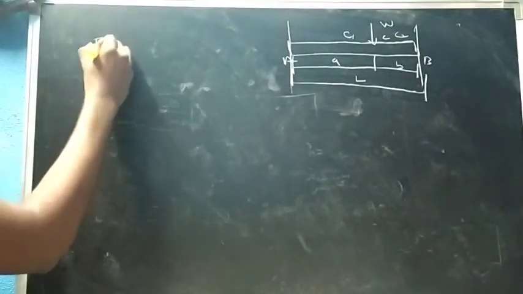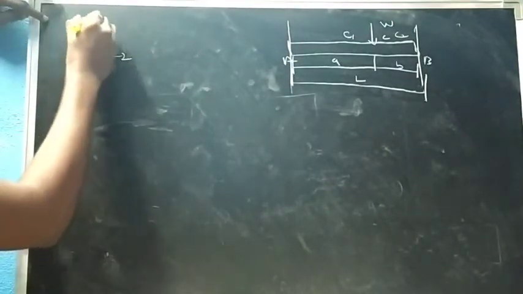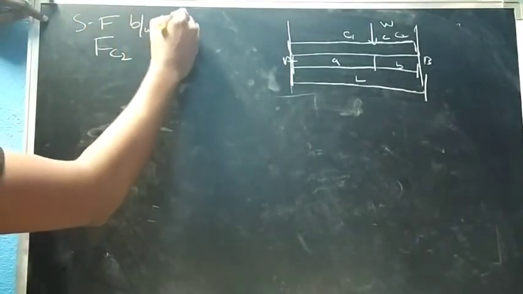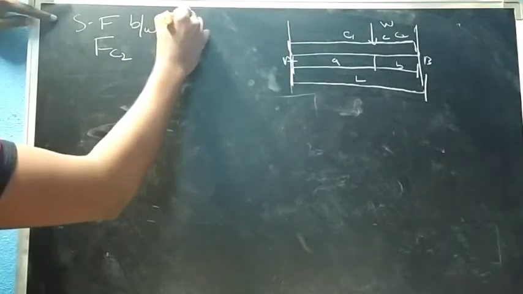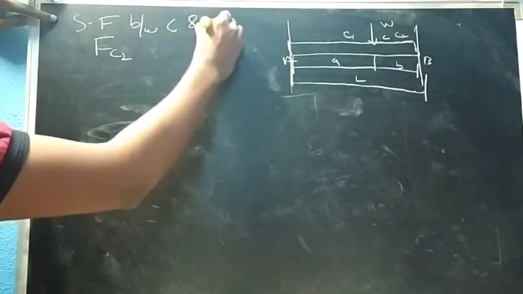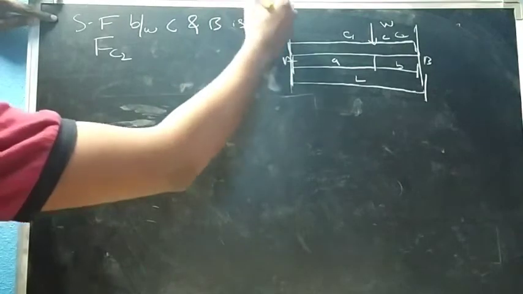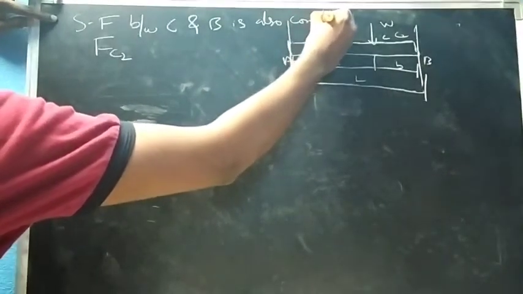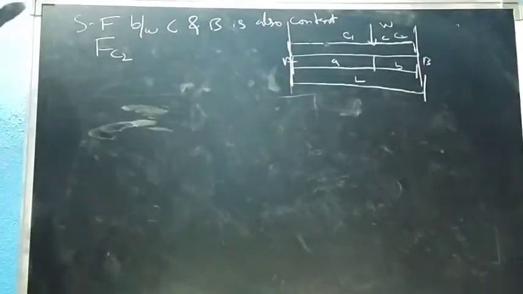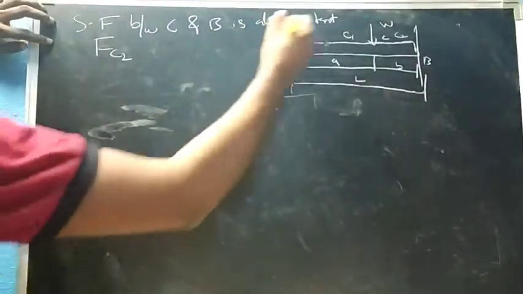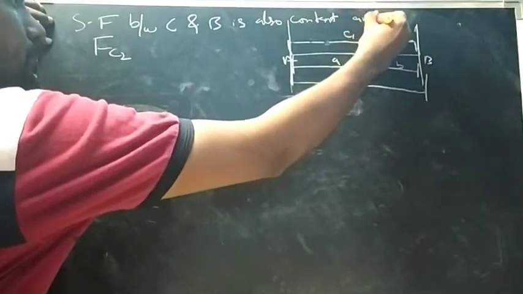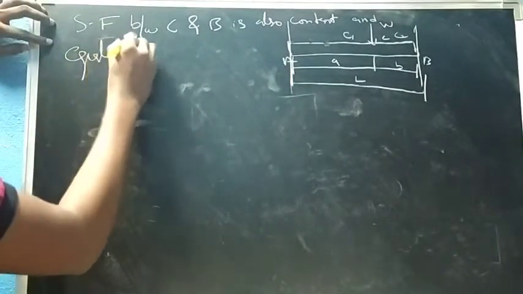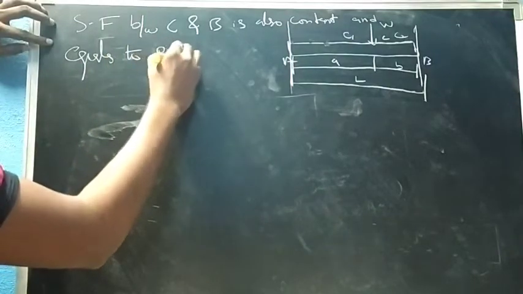So FC2, the shear force between C and B, is also constant, right, and equals RB.